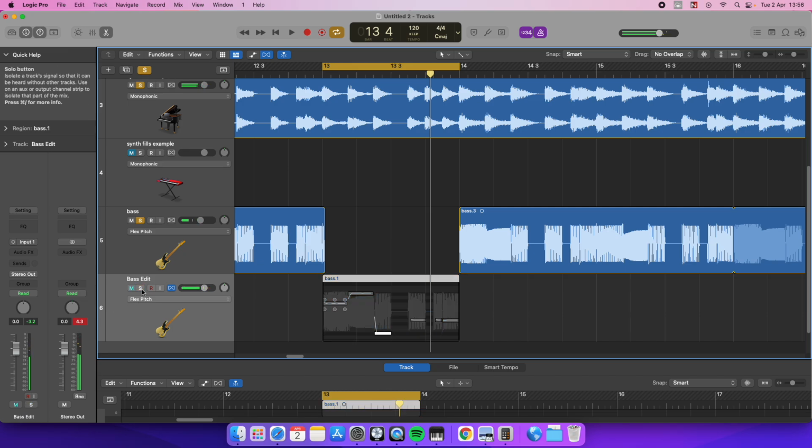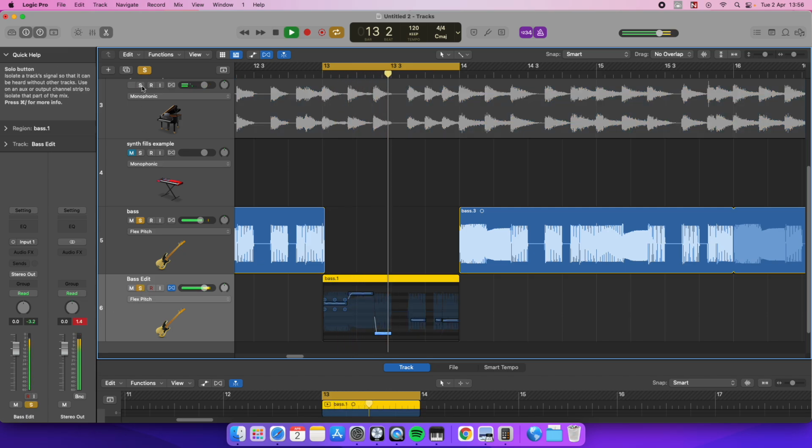Is that right? No, too high still, right? Is it just doing an octave? What's this note? D sharp. That's annoying for you, isn't it? Yeah, D sharp, right?